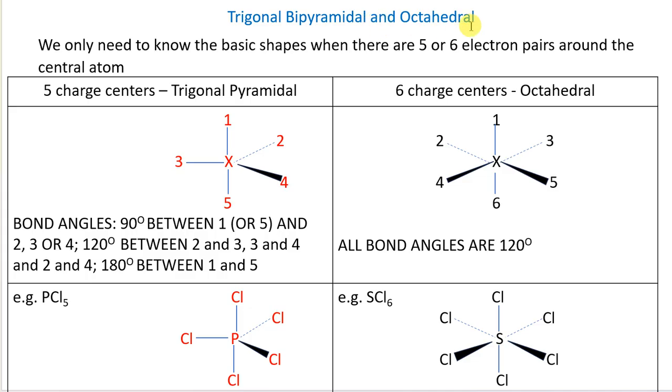Trigonal bipyramidal and octahedral. We only need to know the basic shapes when there are 5 or 6 electron pairs around the central atom.